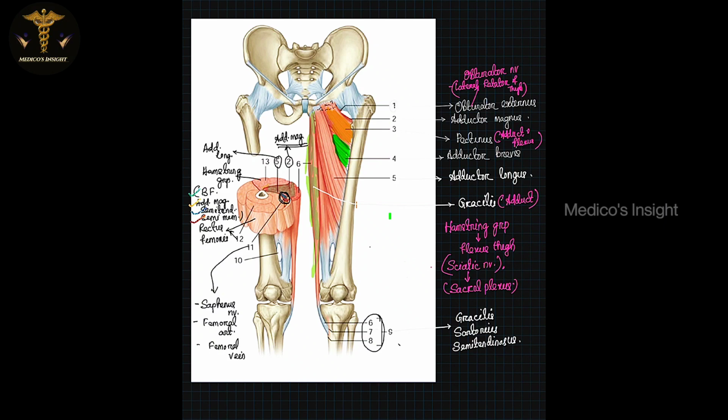The sartorius mainly flexes the thigh, and all others adduct the thigh.